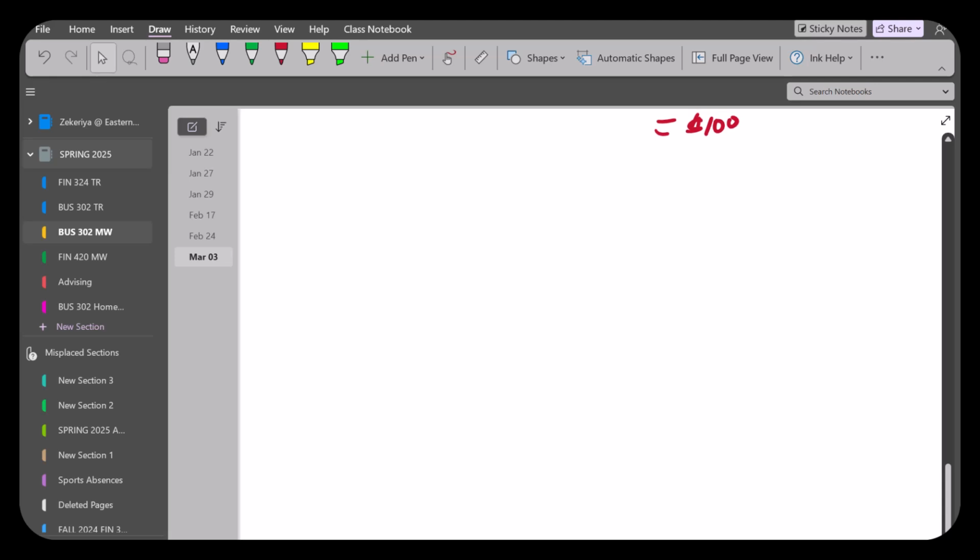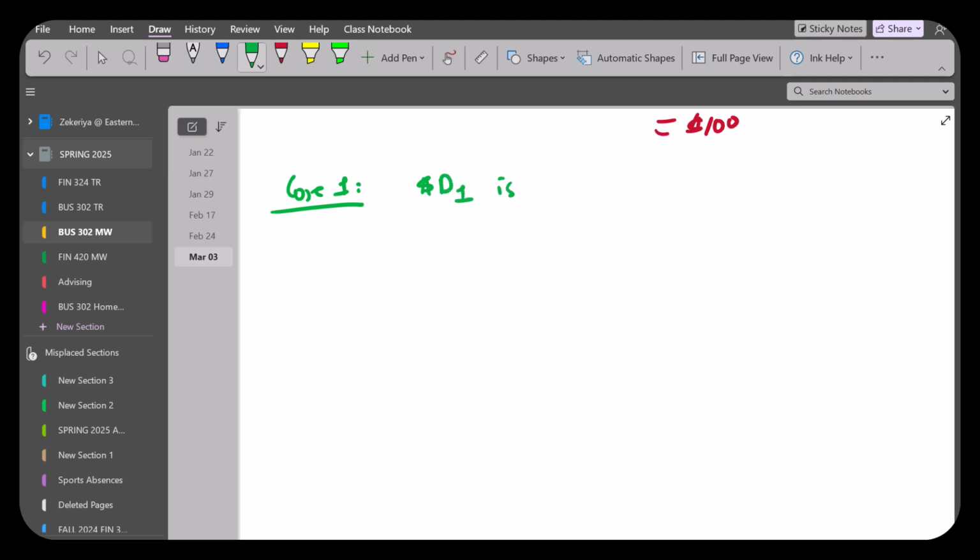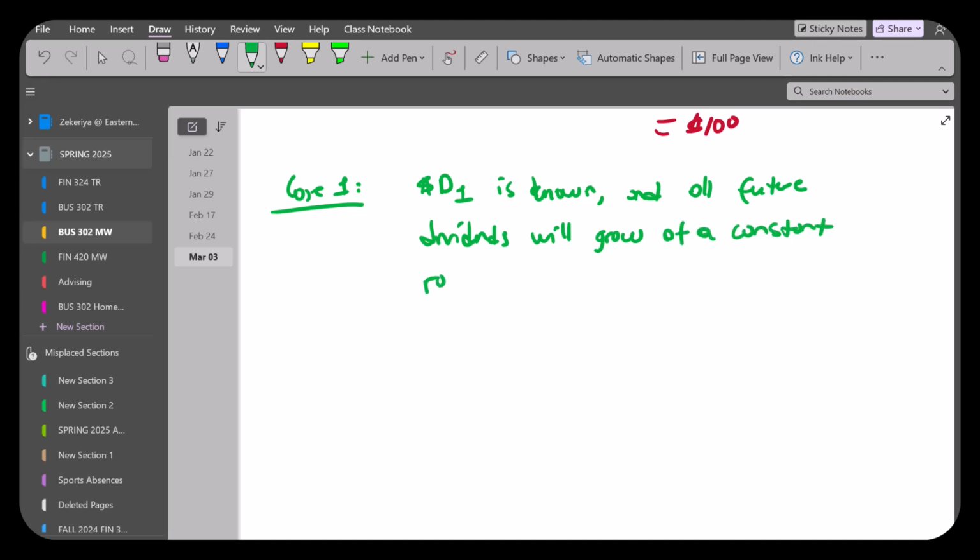Now, I call that case 0 on purpose. I'm going to have a case 1. Next dividend is known, and all future dividends will grow at a constant rate of G, but we're going to restrict that growth rate to be less than the discount rate.